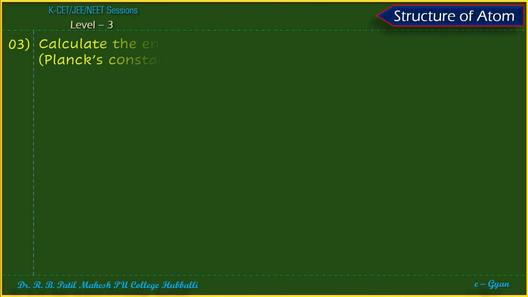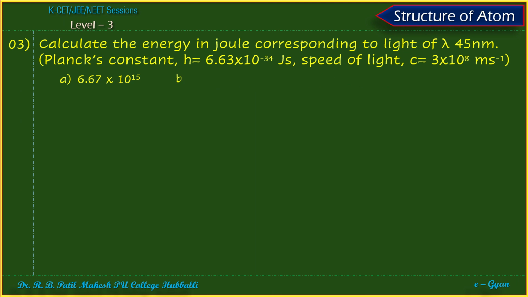Moving to the next question. Question number 3. Calculate the energy in joules corresponding to the light of wavelength 45 nanometers. Planck's constant is given. The speed of light is given. There are 4 options. Let us calculate the energy of the light with wavelength 45 nanometers.